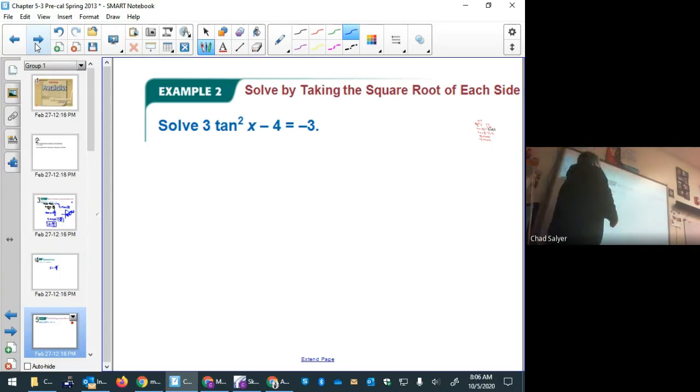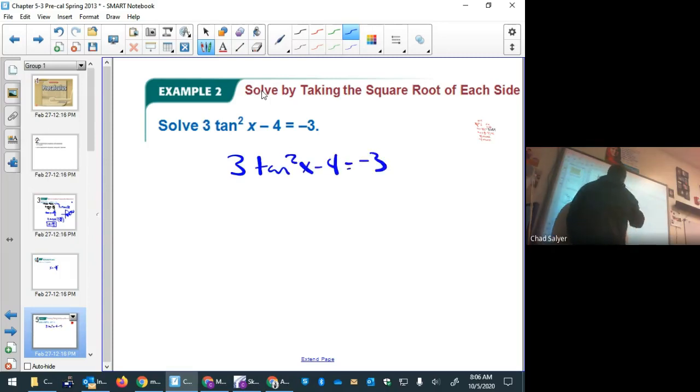Let's talk about 3 times tangent squared x minus 4 equals negative 3. All right, so algebra. Clay, tell me what to do to each side first.